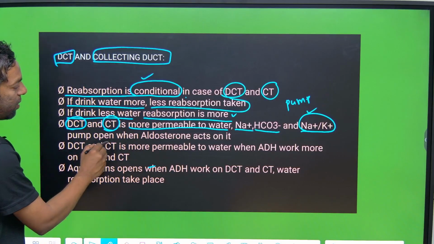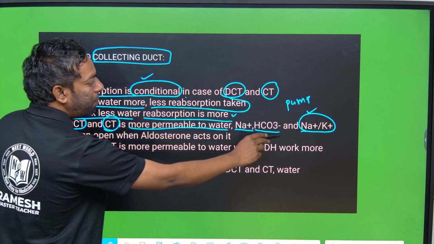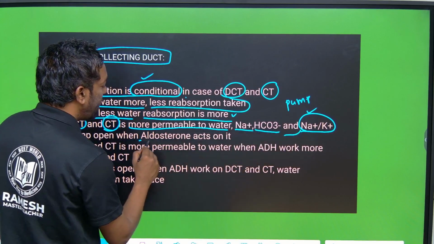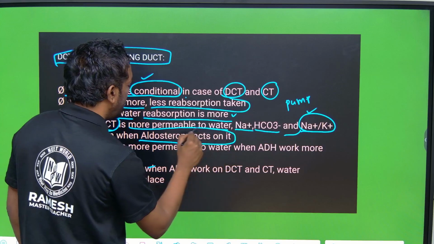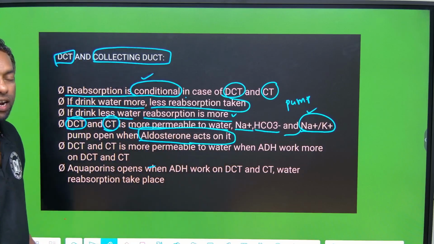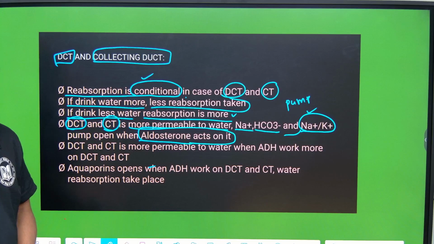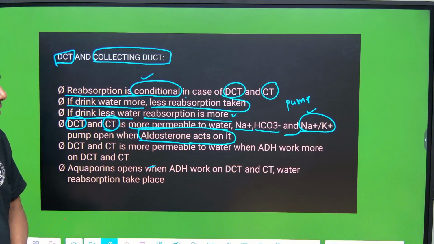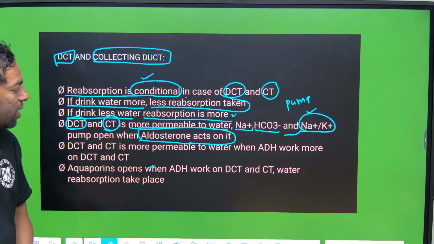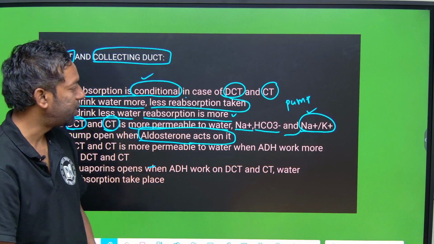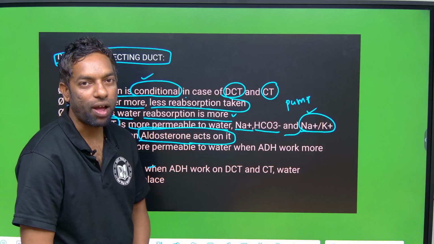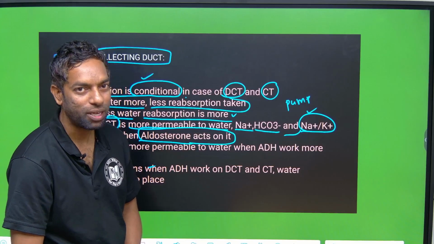The pump is activated when the aldosterone hormone acts on it. Aldosterone is one of the hormones which acts on the DCT and collecting duct. When aldosterone acts, the sodium potassium pump is activated.